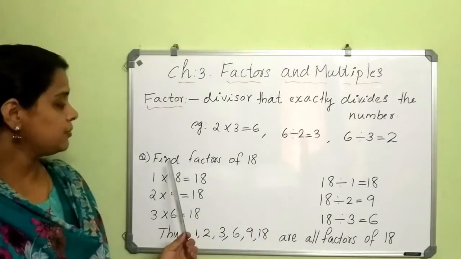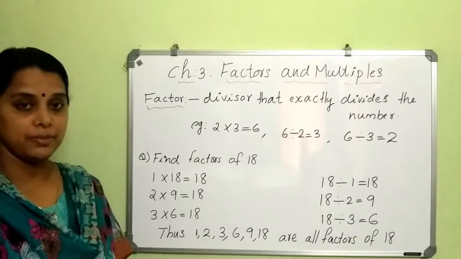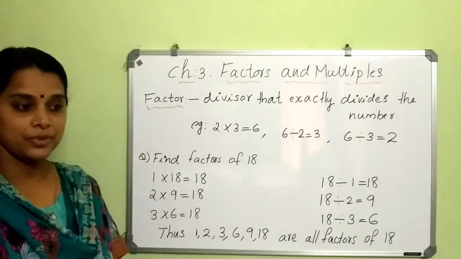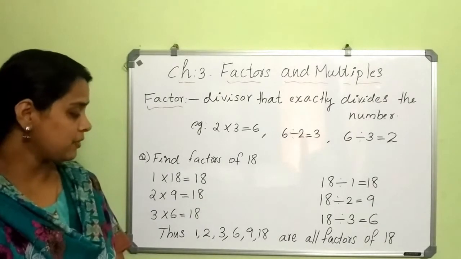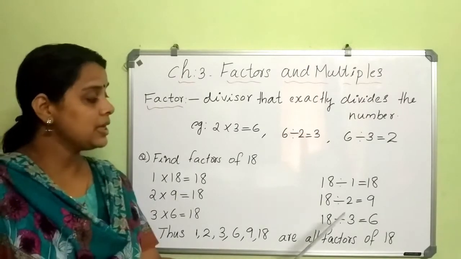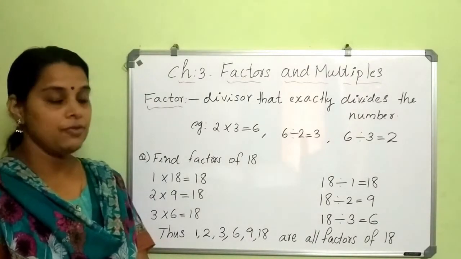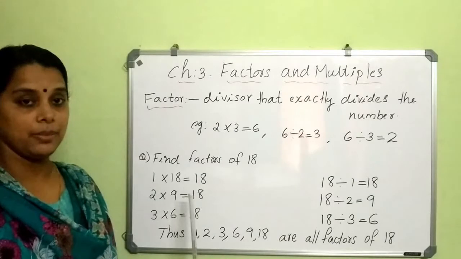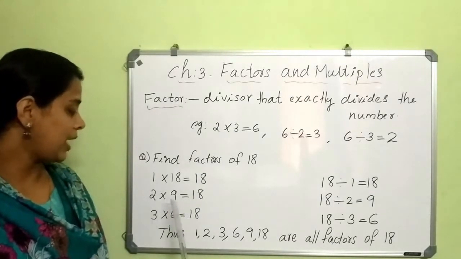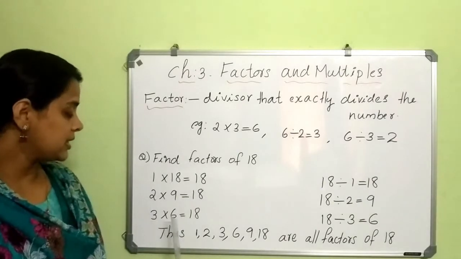Now we will check how to find the factors of a number. See this question. Find the factors of 18. Using two methods we can find the factors of a number. One is by multiplication, the other is by division. When we are checking the multiplication table, we can write 1 into 18 is 18, 2 into 9 is 18, 3 into 6 is 18.